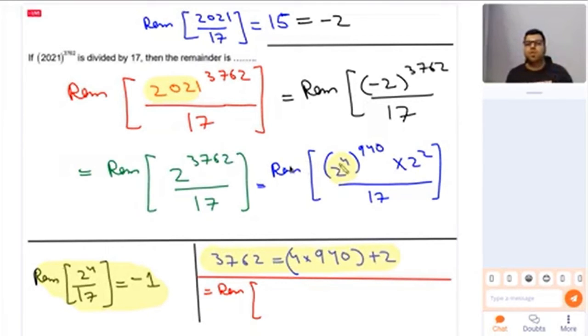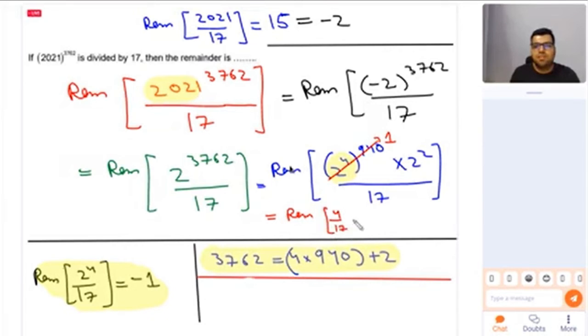So all in all, this value becomes 1 and we are left with remainder of 4 with 17. Remainder of 4 with 17, we know, is 4. So the answer is 4.